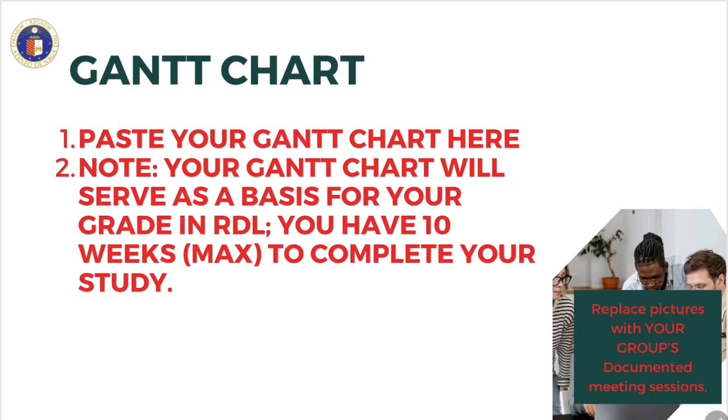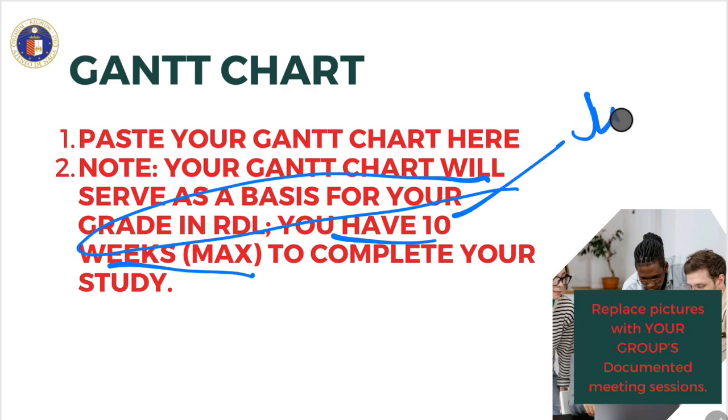Okay, the Gantt chart. Please paste here your Gantt chart, as it will serve as a basis for your grade in RDL. So within the particular semester, you have to be able to finish your study. This means that you have 10 weeks maximum. This might stretch from July until late September.